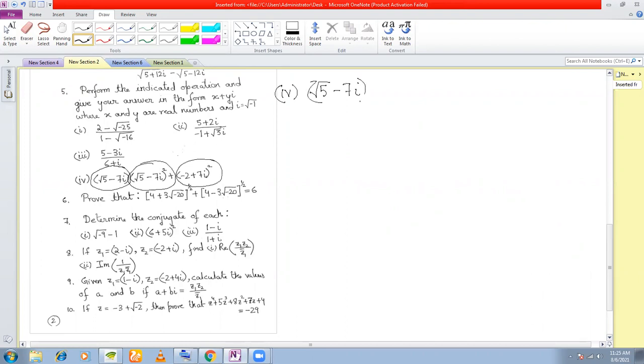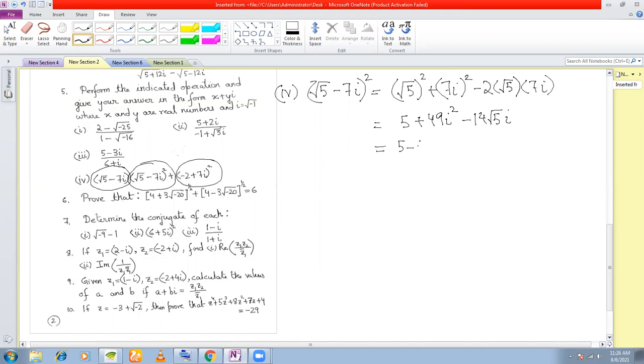Let's find out what this is. So expand by the a minus b whole square formula, a square plus b square minus 2ab. Okay, so this becomes 5 plus 49i square minus 14 root 5 i. Put i square is equal to minus 1.